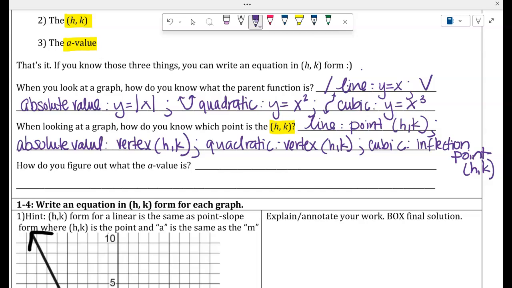How do you figure out what the A value is? To figure that out, in a line, we need to find another point, and then we have to solve for the A value.